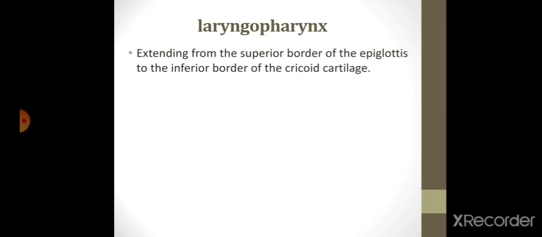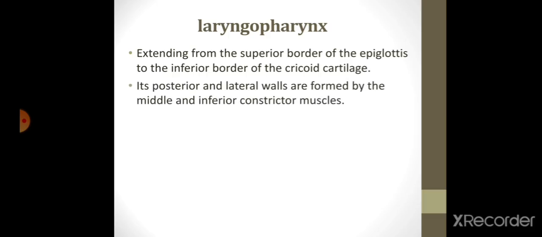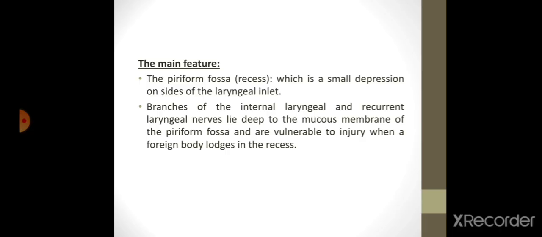Okay, laryngopharynx. This laryngopharynx extends from the upper border of the epiglottis to the lower border of the cricoid cartilage. The posterior and lateral walls are formed by the constrictor muscles.